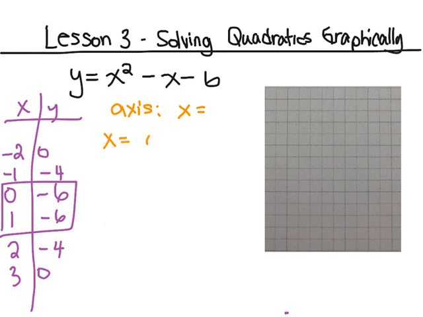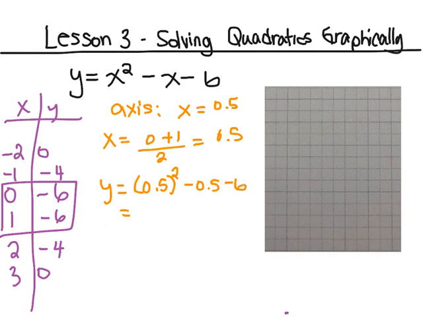So x is equal to 0 plus 1 divided by 2, which is 0.5. So our axis of symmetry is at 0.5. Our y would be 0.5 squared minus 0.5 minus 6, which equals negative 6.25. So our vertex is at 0.5, negative 6.25.